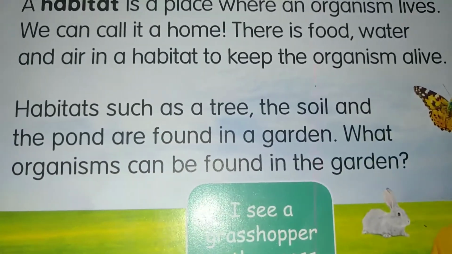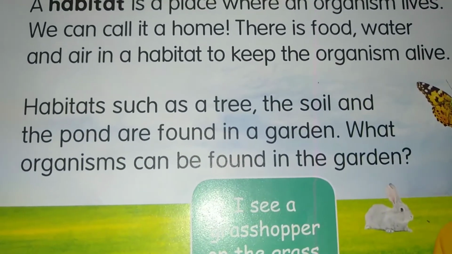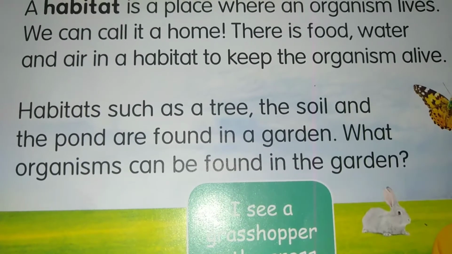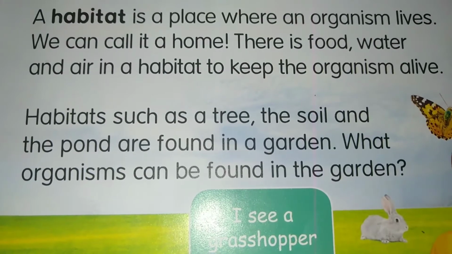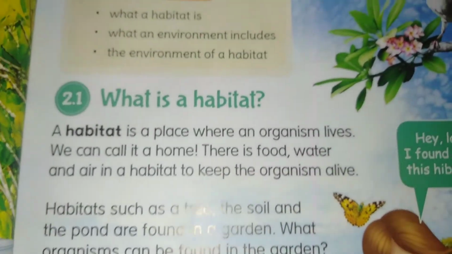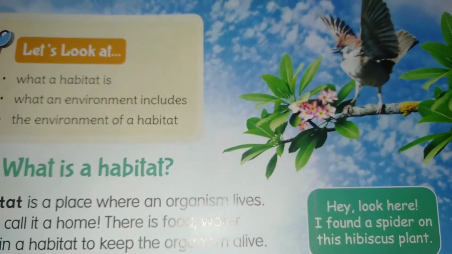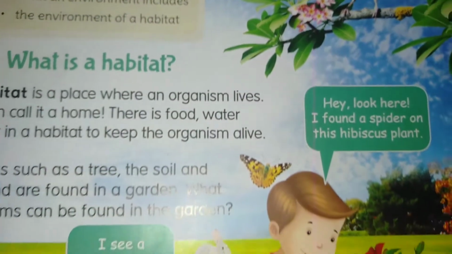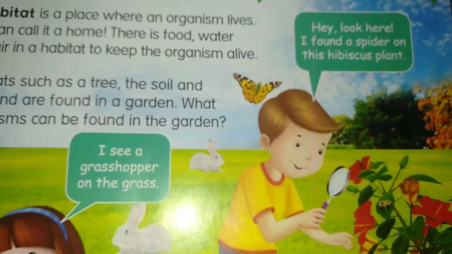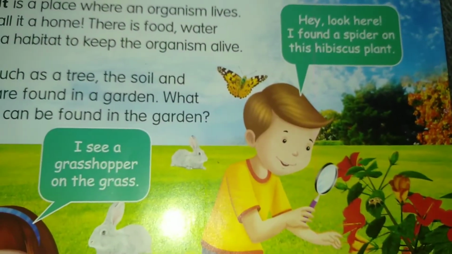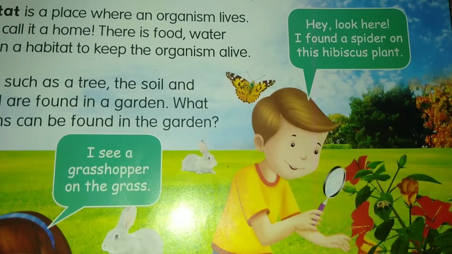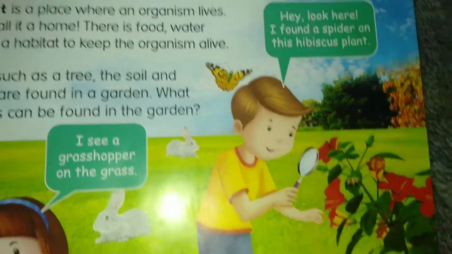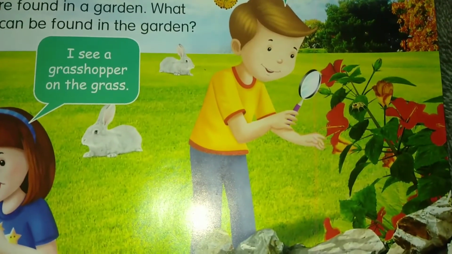Habitats such as a tree, the soil, and the ponds are found in a garden. What organisms can be found in the garden? Hey, look. I found a spider on this hibiscus plant.